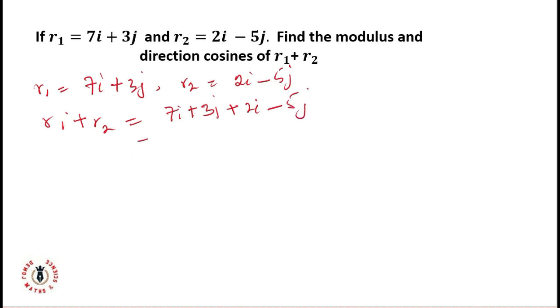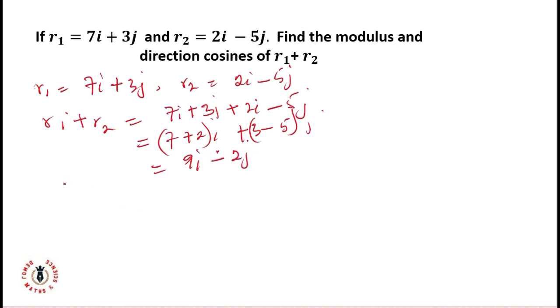Let's collect like terms. That will be the same thing as 7 plus 2i plus 3 minus 5j. So this is equal to 9i minus 2j.